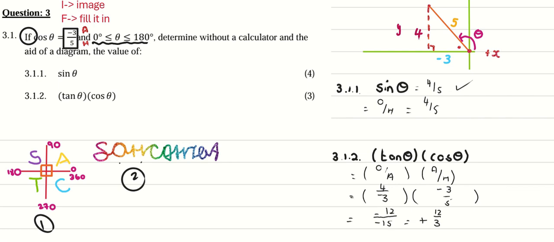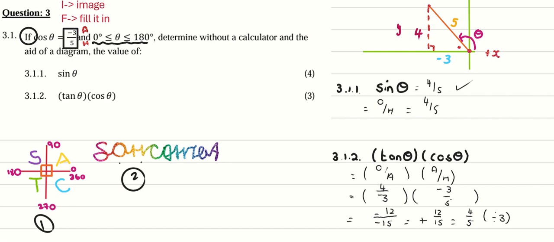Sorry, that's a 3 over 15. And then your calculator will simplify this down to the simplest factor, which is 4 over 5 when we divide top and bottom by a 3.